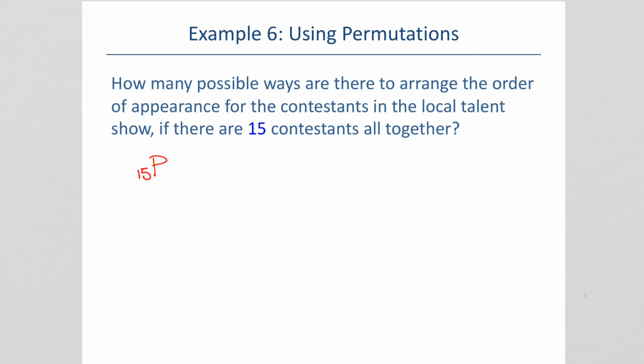There's 15 possible contestants and 15 people to order, I guess. It's hard to say. So that would be 15 factorial over 15 minus 15 factorial. So on the top, you've got 15 times 14 times 13 times all the way to times 1.